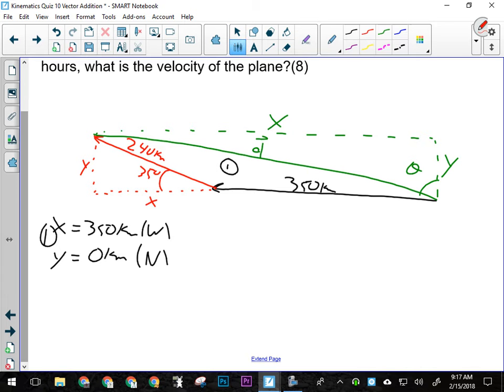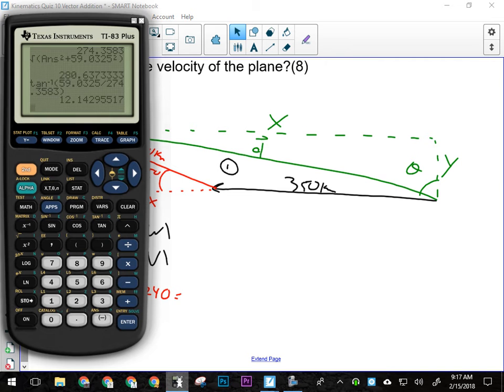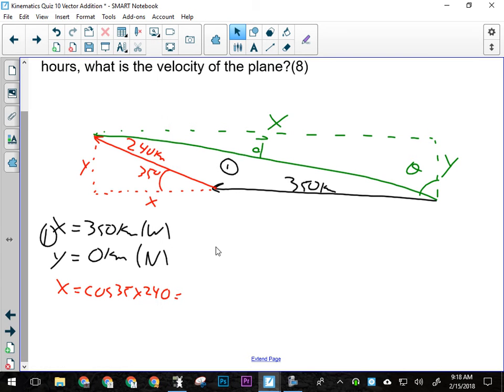Okay, then we got to find the red x and y. So red x is the adjacent side, so that's going to be the cosine of 35 times 240 kilometers. All right, it's 196.596 kilometers, and that is also west.